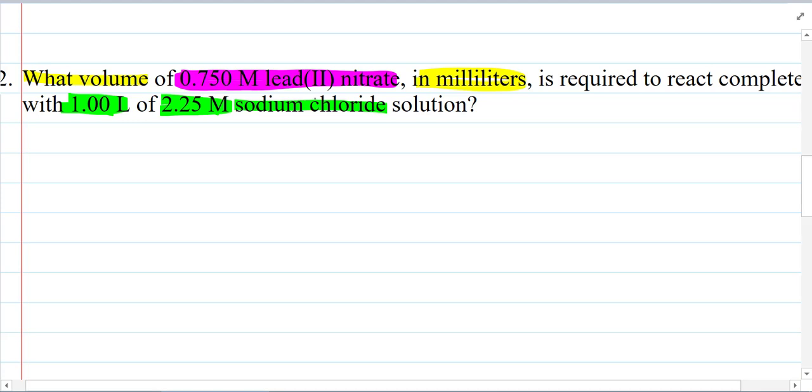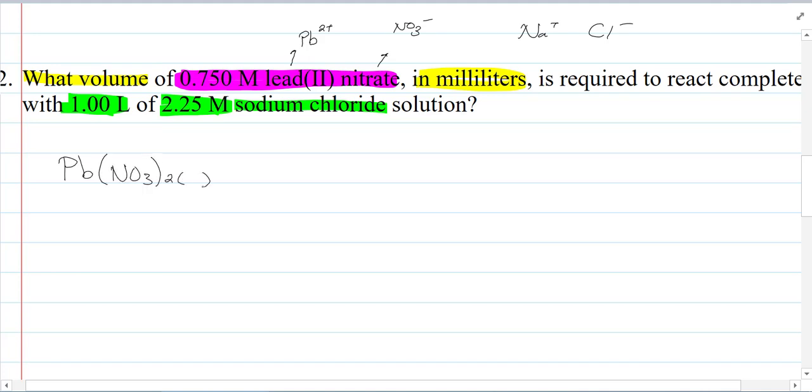So I have lead 2 nitrate. And at this point, what does lead 2 mean? I have Pb2 plus, nitrate, NO3 minus, sodium, Na plus, chloride, Cl minus. I would recommend doing this. Now put it together. So we have lead 2 nitrate, Pb(NO3)2.